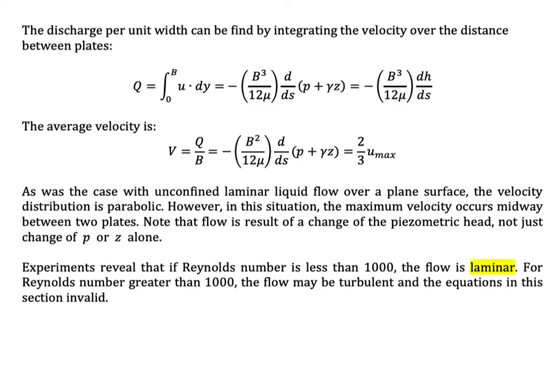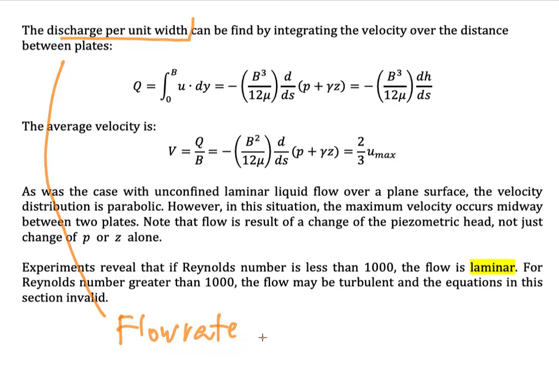And then if we calculate the discharge per unit width, what is discharge? Discharge here is equal to flow rate. In your undergraduate study, the discharge or the flow rate is normally symbolized by Q, and the equation is A times V. This is a very common continuity equation for flow in pipe.